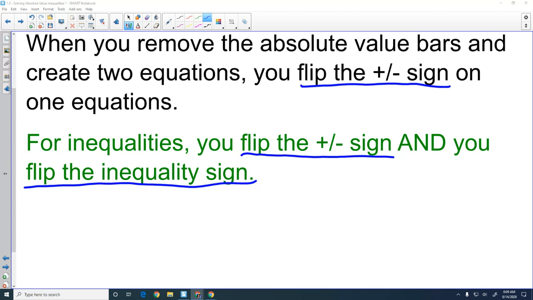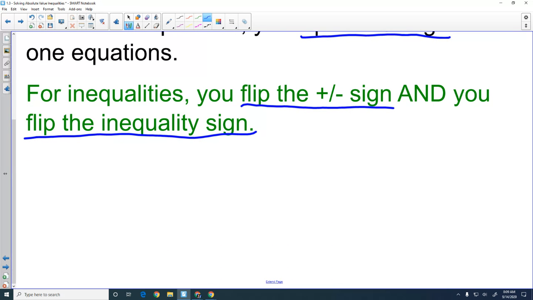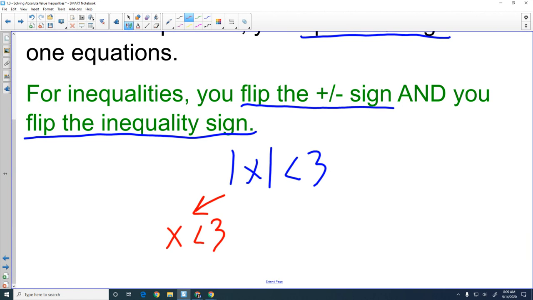So to show you what this would look like, if we look at our previous example, that very simple one, with just the absolute value of x is less than 3. From here, we'd write our two different equations. One of them is going to be x is less than 3, right? You don't change anything.